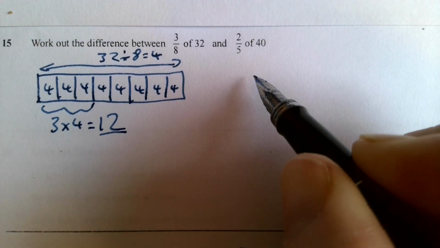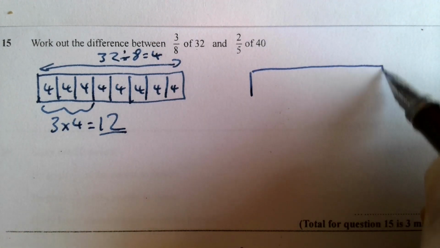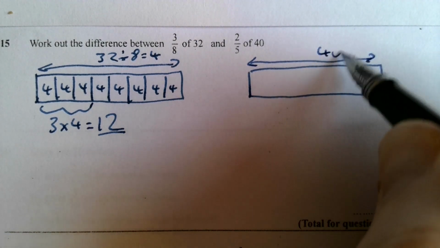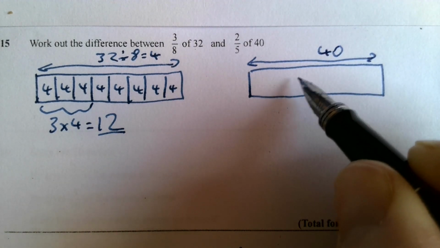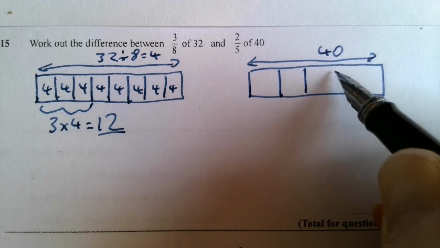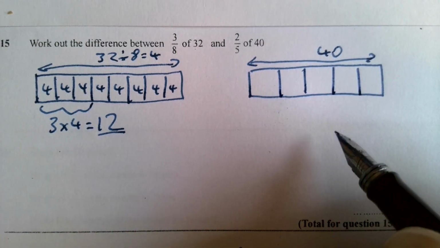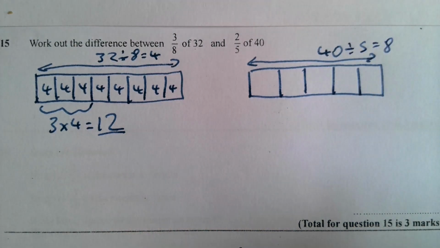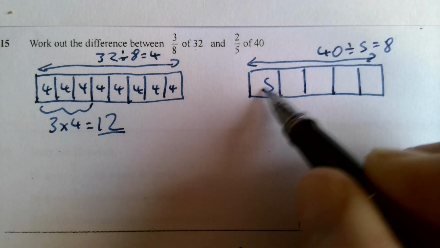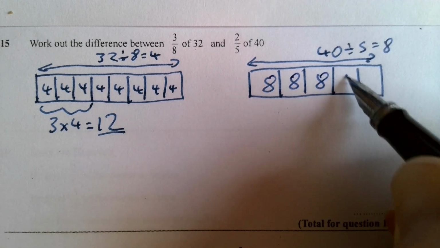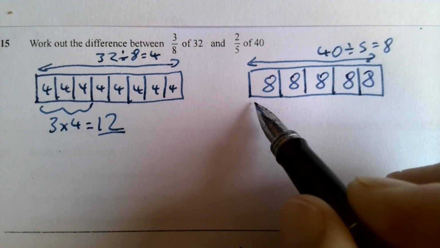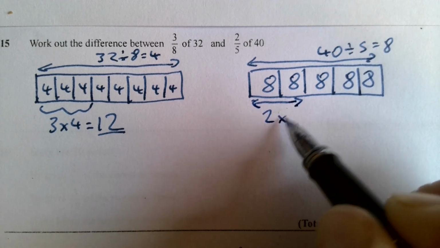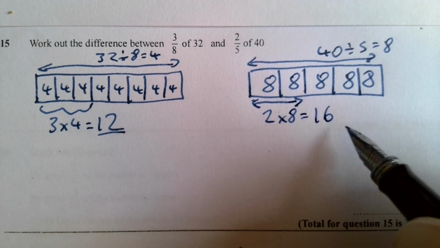Then we need to work out 2/5 of 40, so draw a bar for 40, but this time splitting it into 5, and divide 40 by 5, it's 8. 5 8s make 40, so 8, 8, 8, 8 and 8, and we want 2 of them, so that's 2 times 8, which is 16.